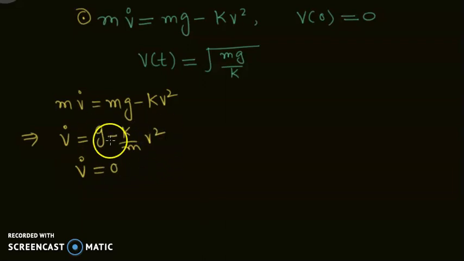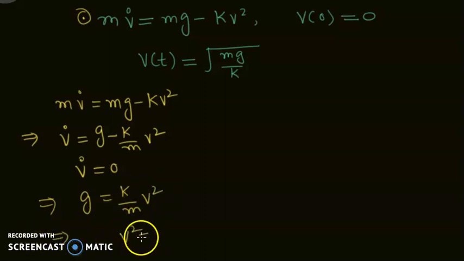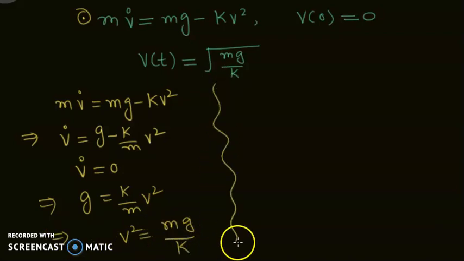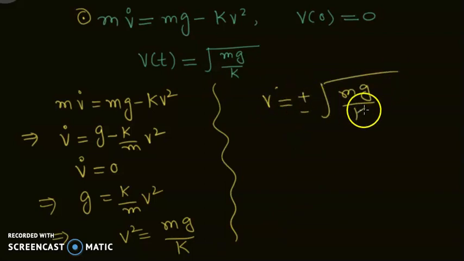This gives me g equal to k over m times v squared, which gives me v squared equal to mg over k. But then v has to be plus or minus the square root of mg over k.